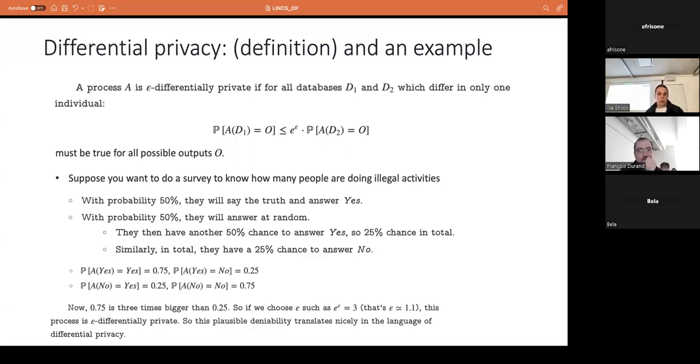And with probability 50%, they will answer at random. And then you have these probabilities of obtaining responses. And if you want to make these probabilities equal, the lower bound of the epsilon would be 1.1, because e to the power epsilon would be 3 here.